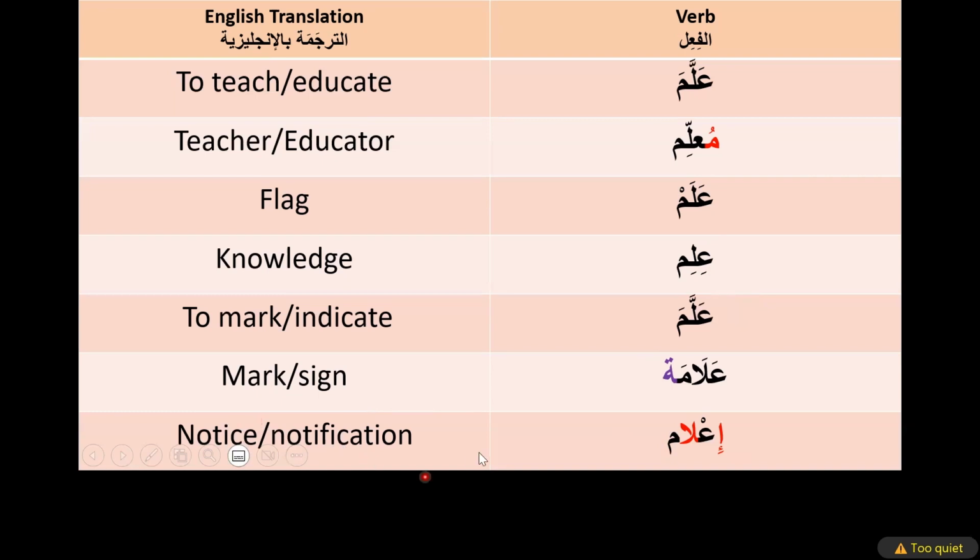I'lam is notice or notification. I failed actually to highlight the alif in red. So when I highlight the alif in red, the lam follows, or vice versa. That's why I left it. But I want to point out that we have the ain, the lam, and the mim, and the alif here should be in red, just to indicate that this is an addition to our three-letter root verb.